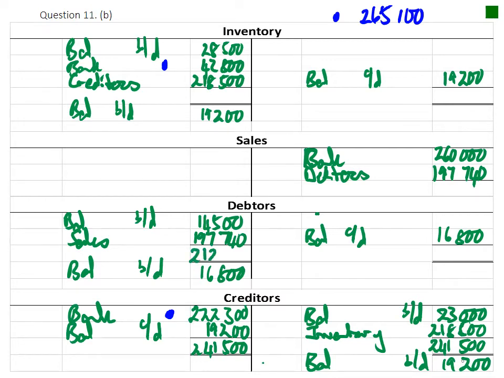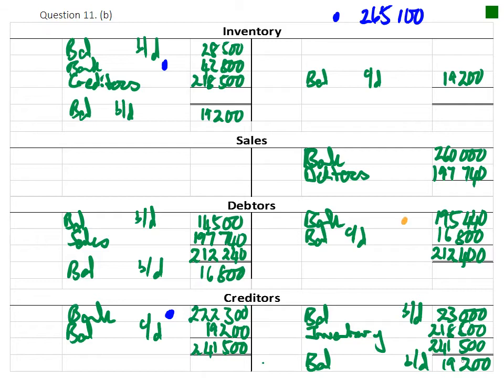So that gives me a total of 212,240, which they owe. At the end of the year, there's 16,800 that they haven't paid, which means the balancing number here, which they actually have paid, that we're going to show on our statement of cash flows, is 195,440.